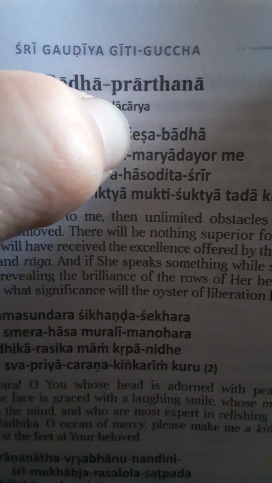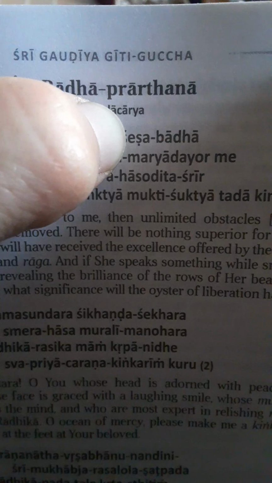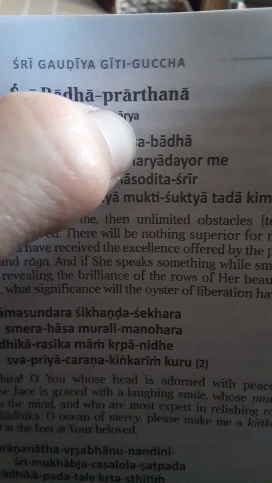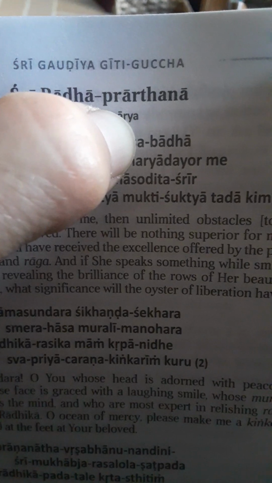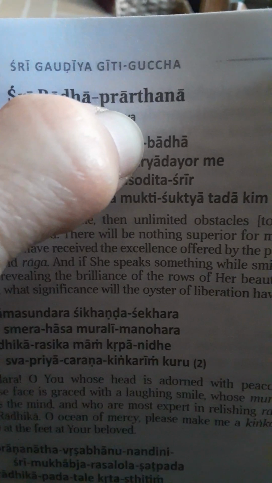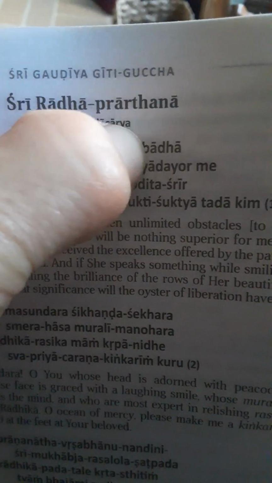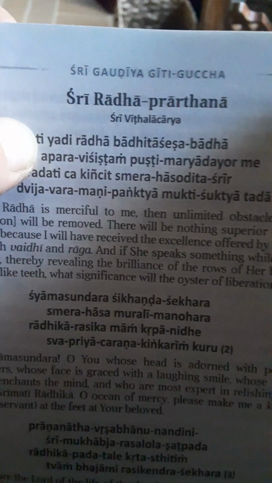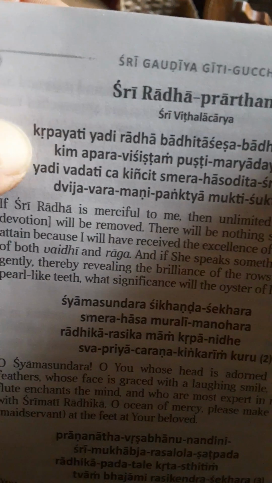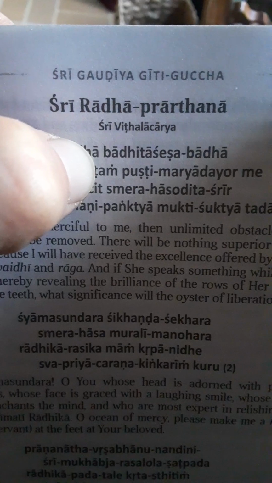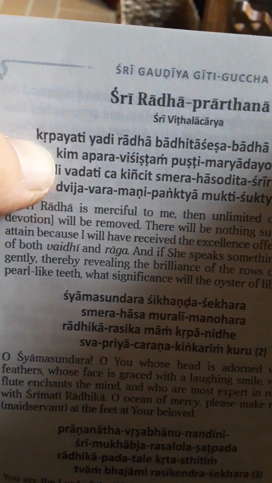Letter E, obviously a heavy syllable. Obviously a light syllable: a vowel, an A with no line over it, followed by only 1 consonant. But there you have 2 more A's with lines over them. So, "Kripayati yadi radha badhita shesha badha."